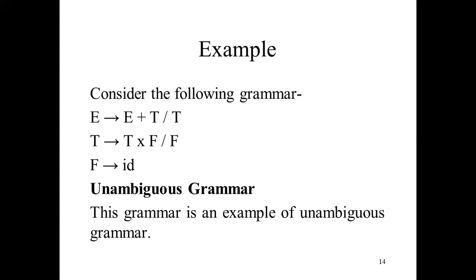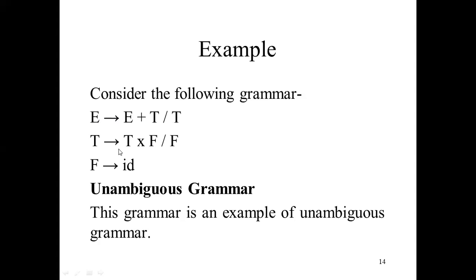Okay, it is the grammar. Now we can replace E either by E plus T, or by T. So we have the option here. First we will solve this T and then add to E, or we can put E plus T or T. So we have the option here.